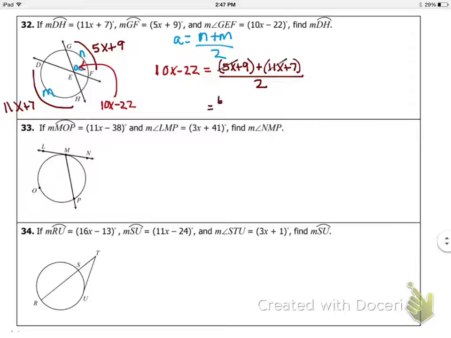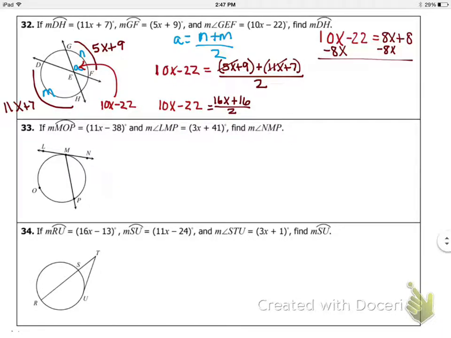Combining like terms on top, I get 16x plus 16, and that should still equal 10x minus 22. If I divide both terms by 2, I get 8x plus 8.